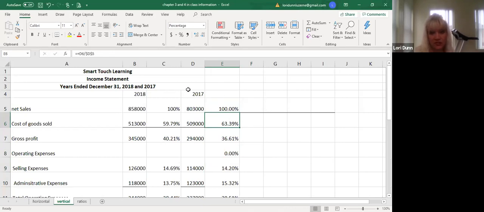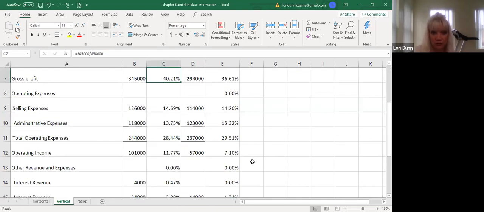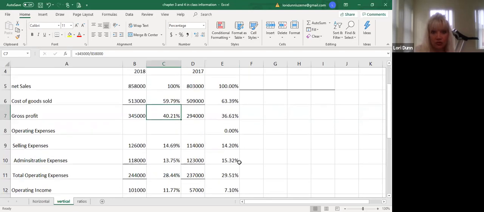Okay, so if we just compare last year to this year, we're doing much better with how much gross profit we're maintaining in the company. Last year, we were only keeping 36.61. This year, 40.21. Last year, almost 30% of our sales were for operating expenses.